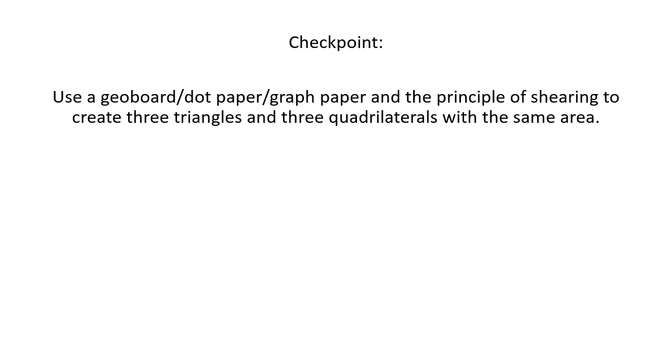I mean, it's a reapplication of examples that we've already looked at, but I want you to create these examples yourself and convince yourself that the areas of those 3 triangles and those 3 quadrilaterals are the same. Make sure you can identify the bases and the heights for all those shapes, and then you can verify it through the formula as well, but I also want you to think about it in terms of shearing.